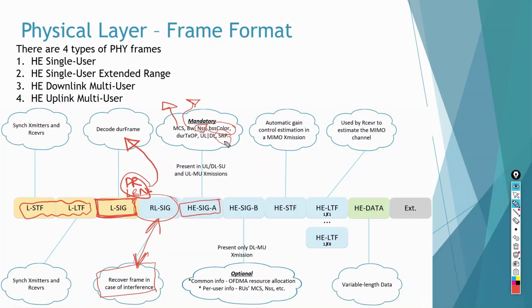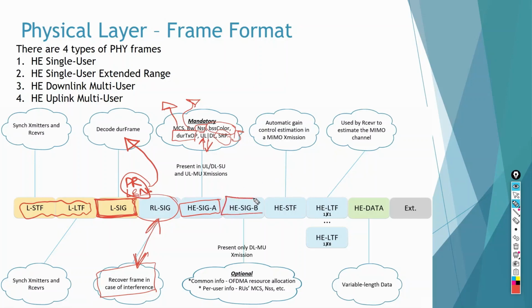Also, the spatial reuse, which is related to the BSS color. Moreover, we have information about the duration of the current transmit opportunity, as well as whether the transmission is going in the uplink or in the downlink direction.